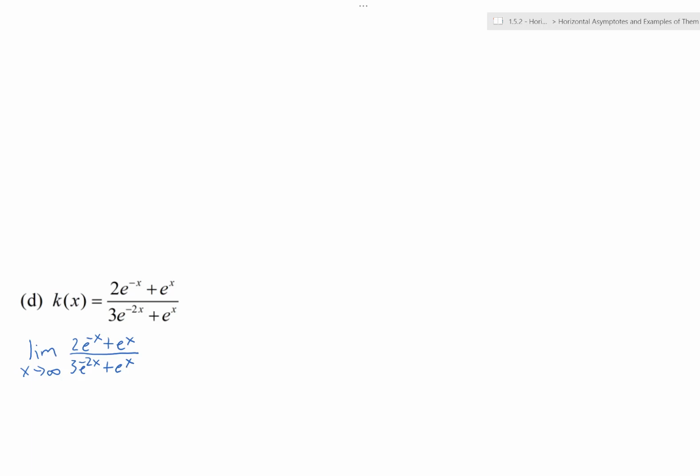When you have an exponential function of growth, in this case we see an e to the x on top and bottom, then those functions are going to go to positive infinity since they have a positive coefficient in front. And then for exponential decay, right, the e to the negative x and e to the negative 2x terms, those are going to go to 0.